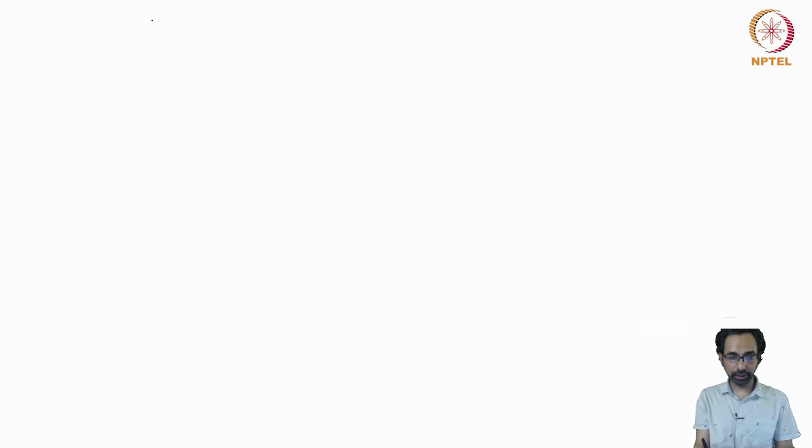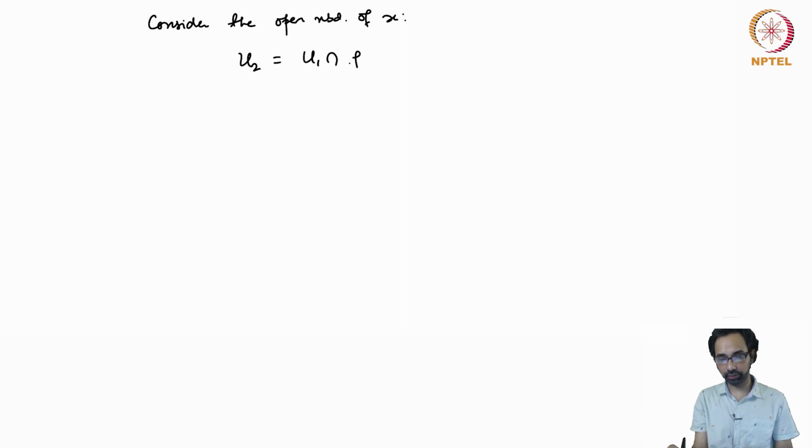And now consider the open set. Actually, it's an open neighborhood of the point x. So let me call this U2, which is U1 intersection with f inverse of the metric ball around y with radius epsilon by 2.